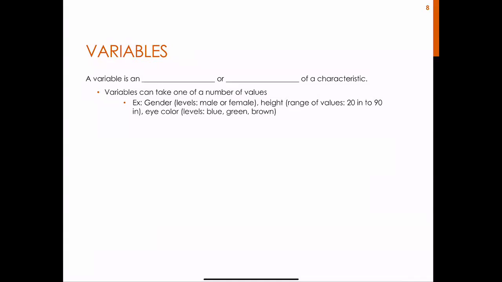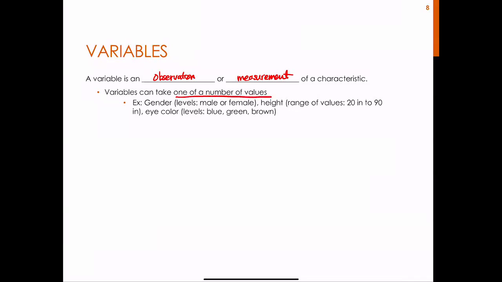So let's talk a little bit more about variables. A variable is an observation or measurement of a characteristic. Variables can take one of a number of values.